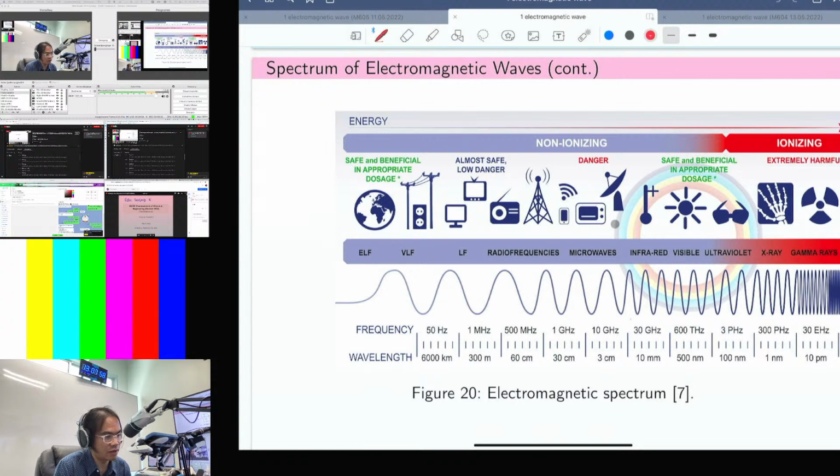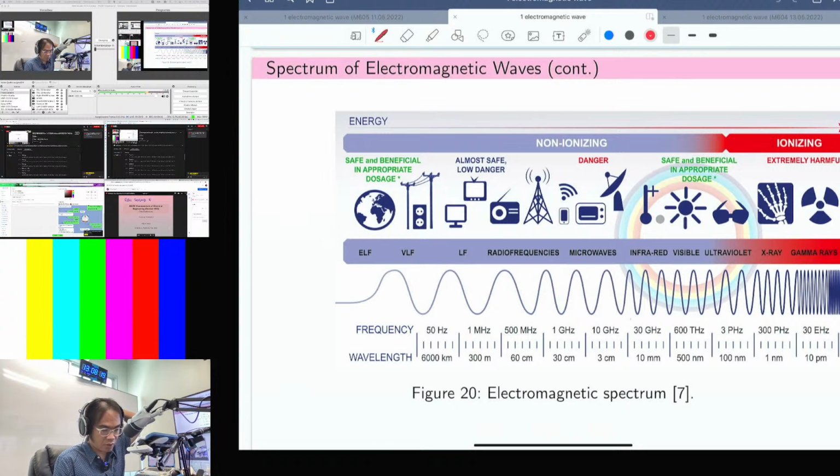If you go further, it's the band for satellite communication, which is a kind of long transmission system. If we go further, it's called infrared, right?